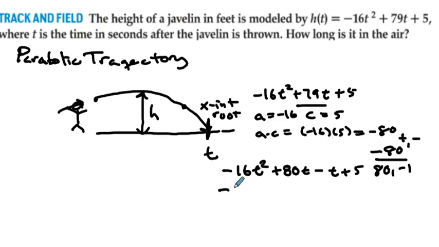So we can pull a negative 16t out, and this is going to give me t minus 5, right? Minus because a negative times a negative gives me this positive. The 16 times 5 gives me the 80, and negative 16t times positive t gives me negative 16t squared, all right? So looking good so far. And then we're going to go minus 1, and then this is going to give me t.